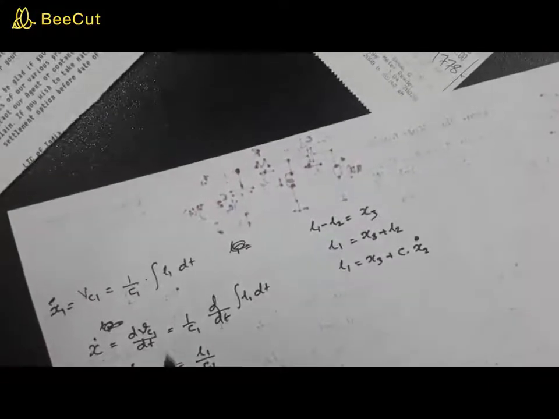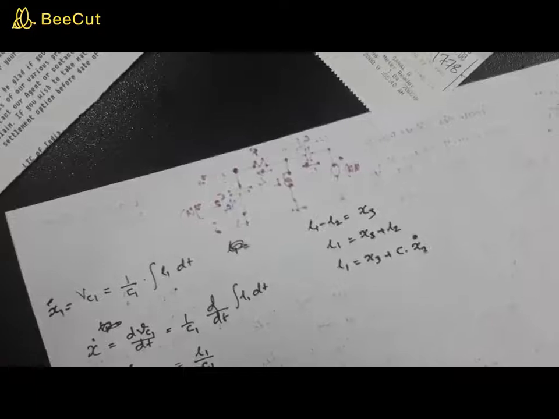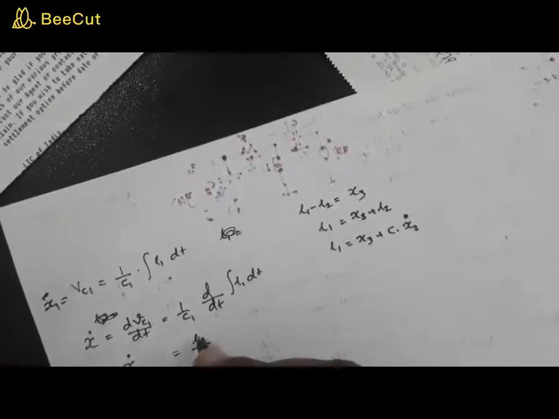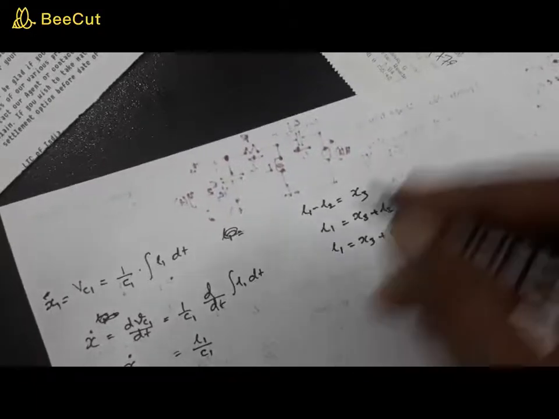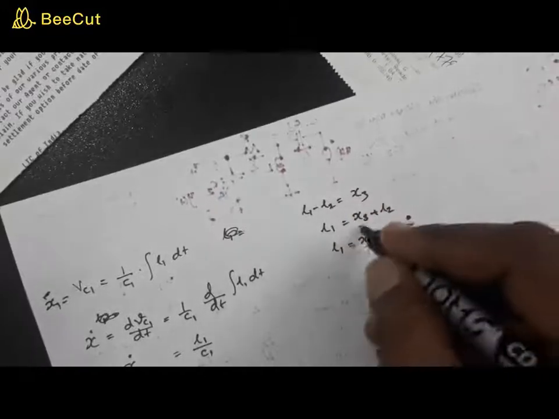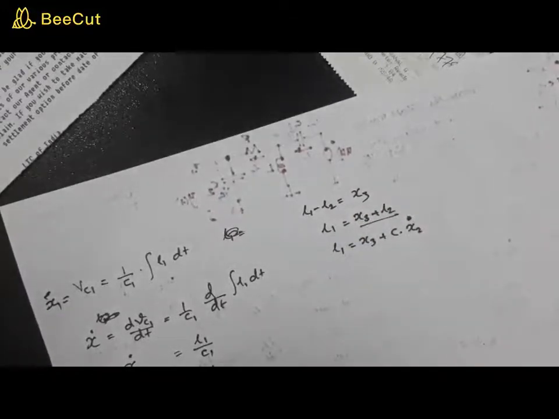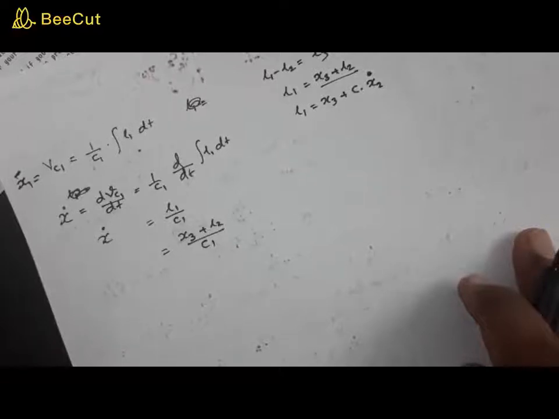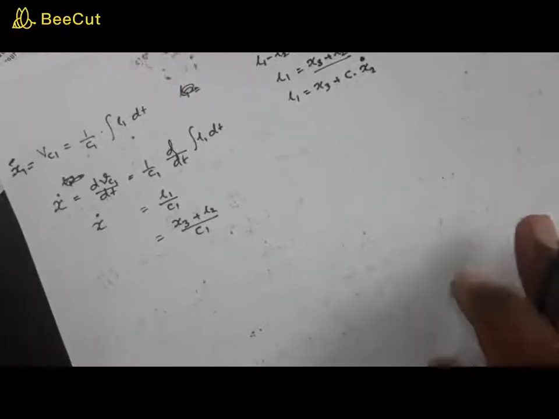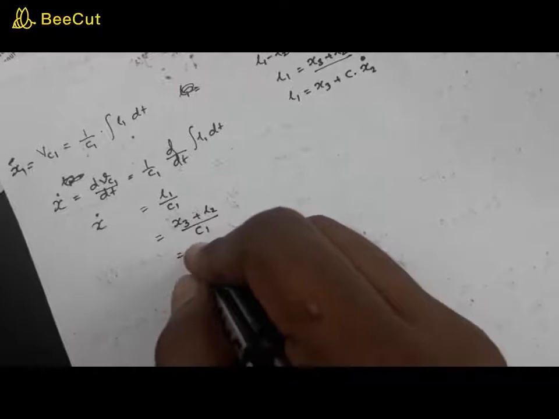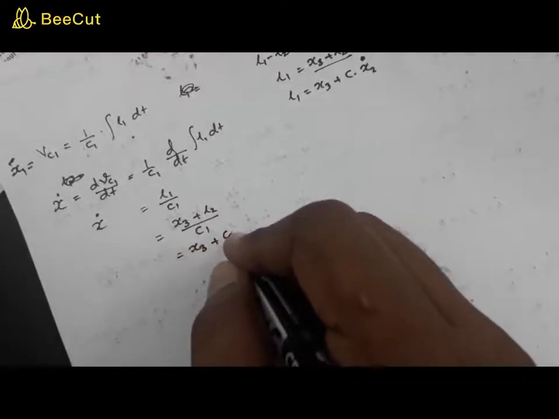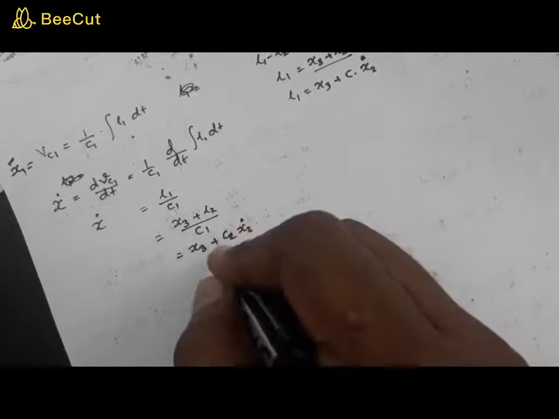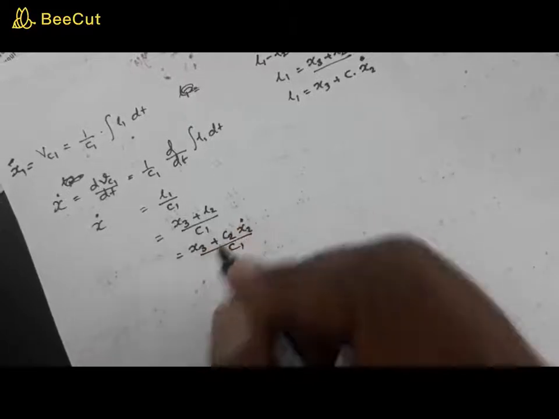So that you can write this expression as I1 is equal to x3 plus I2, so x3 plus I2 by C1, or this can be written as x3 plus C2 into x2 dot by C1.